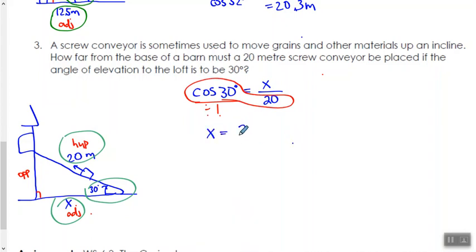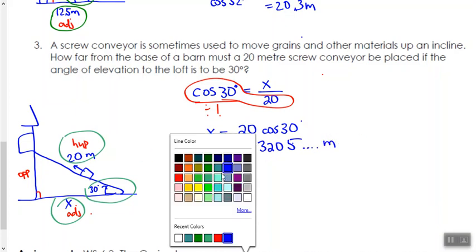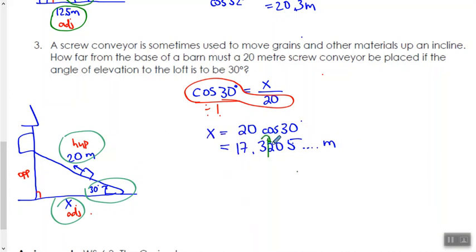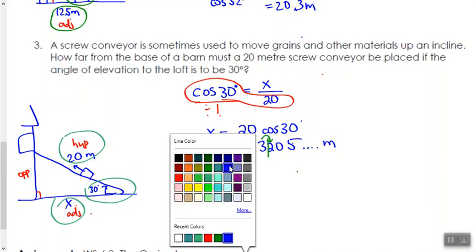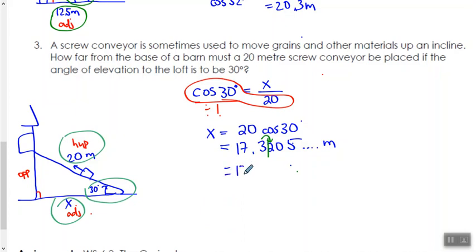So x equals 20 times cos of 30 degrees, and then dividing by 1 doesn't really do anything, so I can just write that because I'm a lazy mathematician. So doing this calculation, and we get 17.3205, so on and so forth. And our units are meters, rounding that to the nearest decimal place, I would get 17.3 meters.